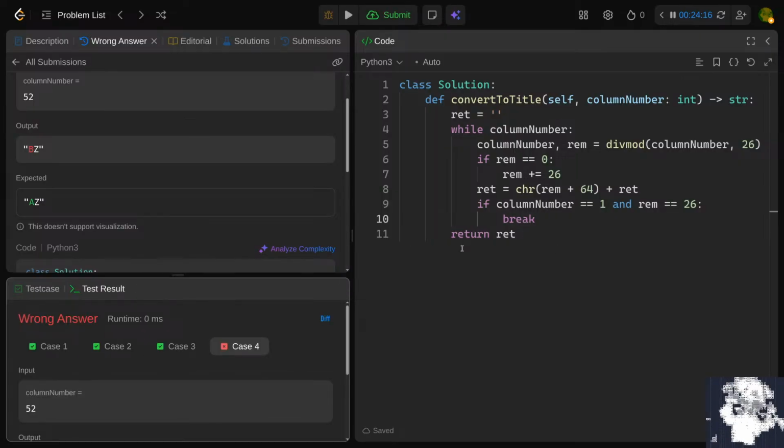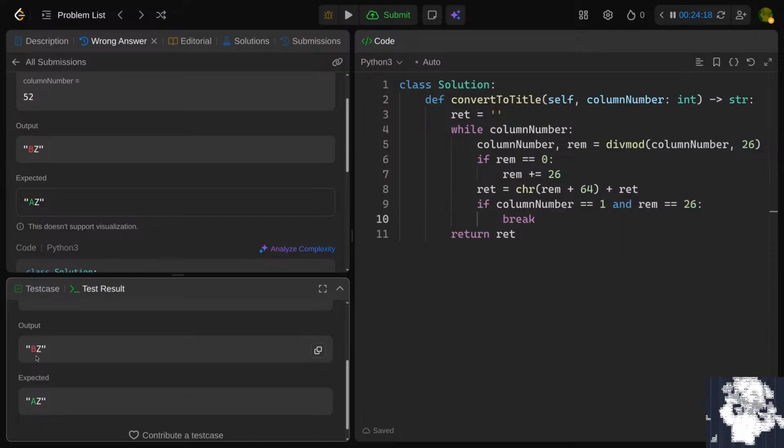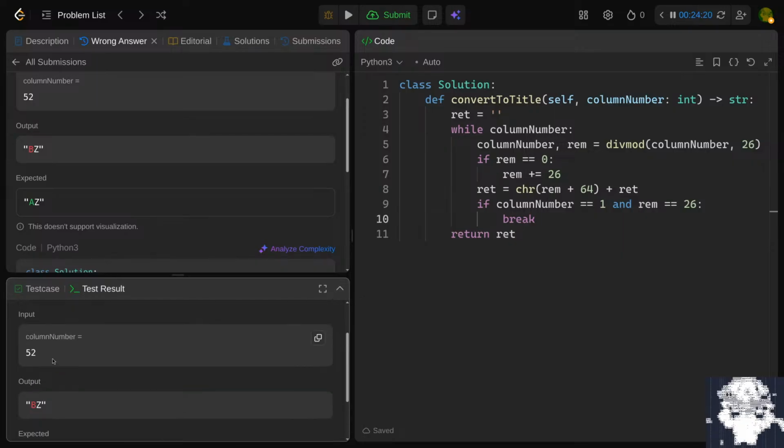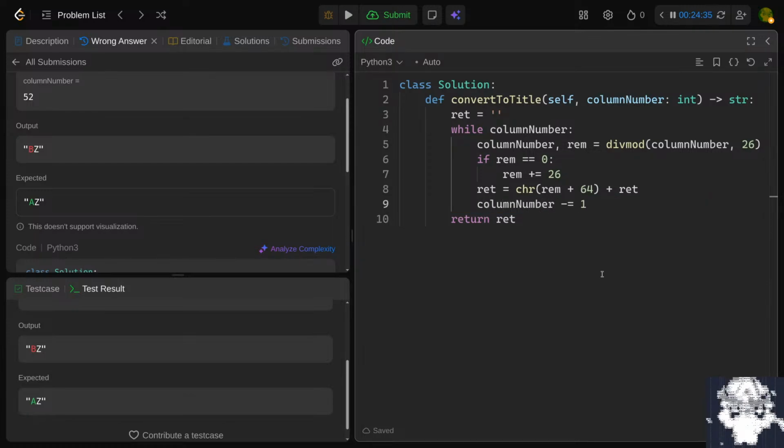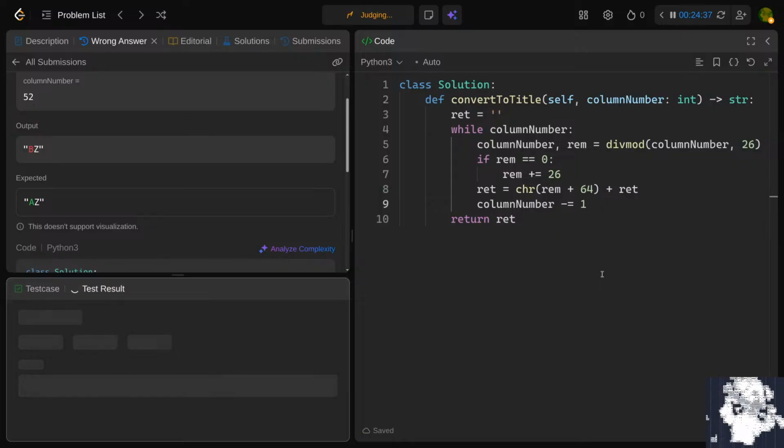I'm just off by 1 somewhere. So here I'm off by 1 again. So actually it looks like what I have to do is column number minus equals 1 right here, but I'm not sure why.